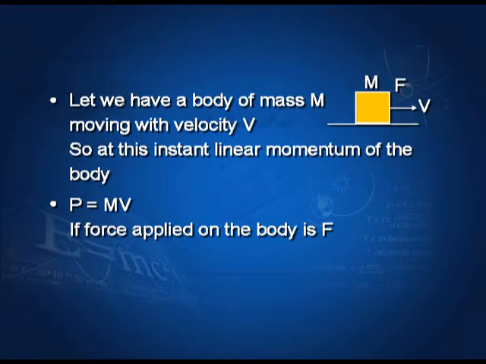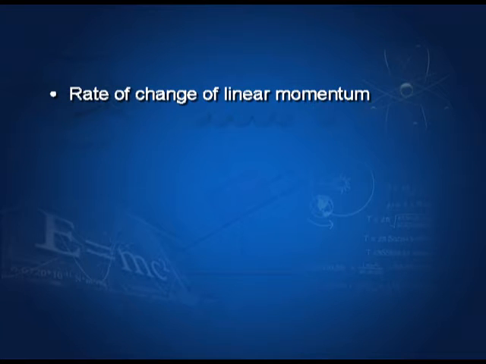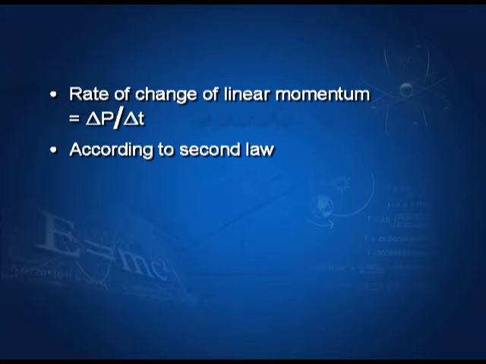If the force applied on the body is F and in a small time delta t the linear momentum changes by delta p, then the rate of change of linear momentum is delta p upon delta t. According to the second law, delta p upon delta t is directly proportional to F.